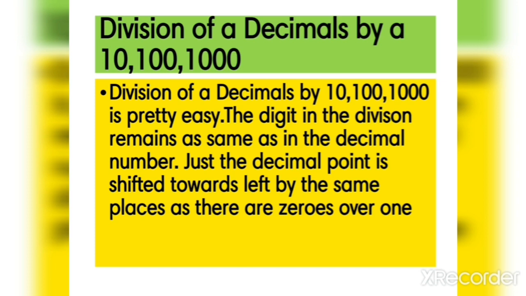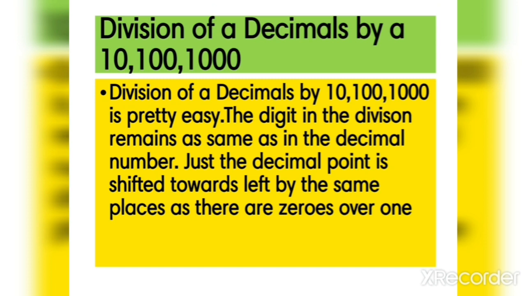Division of decimals by 10, 100 and 1000 is quite easy. The digits in the division remain the same as in the decimal number. Just the decimal point is shifted towards the left by the same number of places as there are zeros in the divisor.